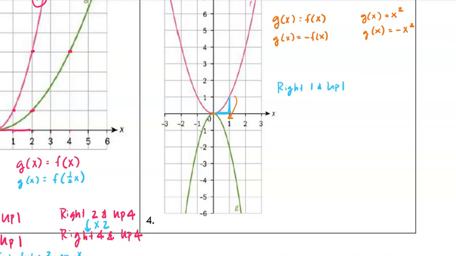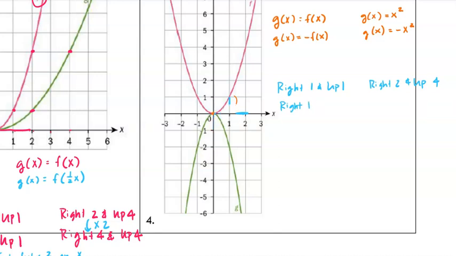And the other thing, you can say right 2 and up 4. Let's see what happened here. Okay, we know it's going to go down, because we've reflected over the x-axis. So we could just say right, looks like 1, still 1.